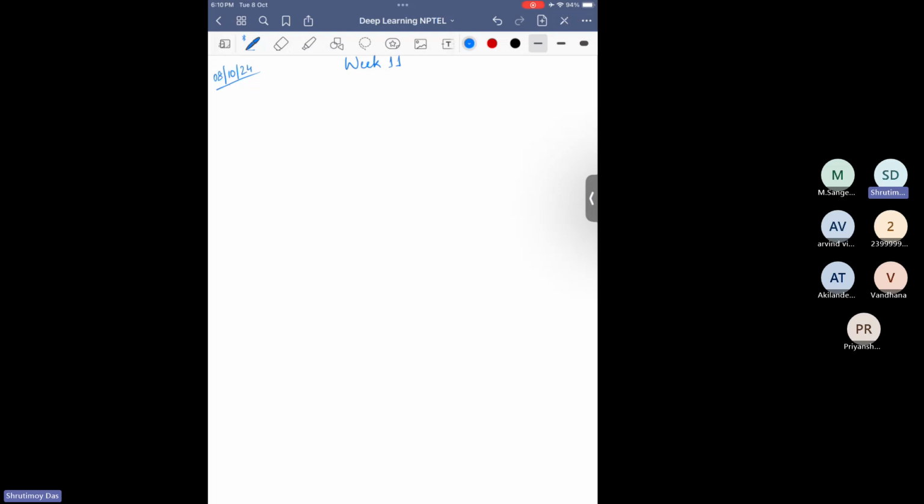This week we covered RNNs, the problems with RNNs regarding vanishing gradients or exploding gradients, and then we looked into LSTMs and GRUs. I will cover the architectures of these. There are some other details, like why these exploding gradients or the problem of vanishing gradients occur. We will look into all of these. And if you want to cover anything else other than that, you can just let me know and we will try to do that.